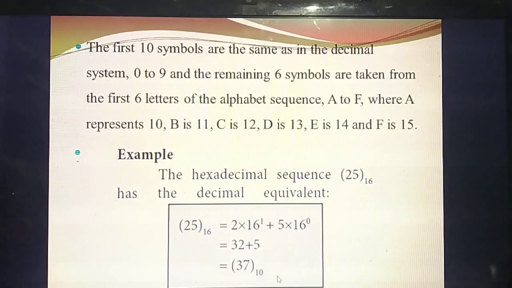Write fast. 2 into 16 power 1 plus 5 into 16 power 0 equals 32 plus 5. 16 power 0 means 1. 32 plus 5, the answer you are getting is 37. In the question they asked to convert into decimal, so the base value you should put as 10. Understand?